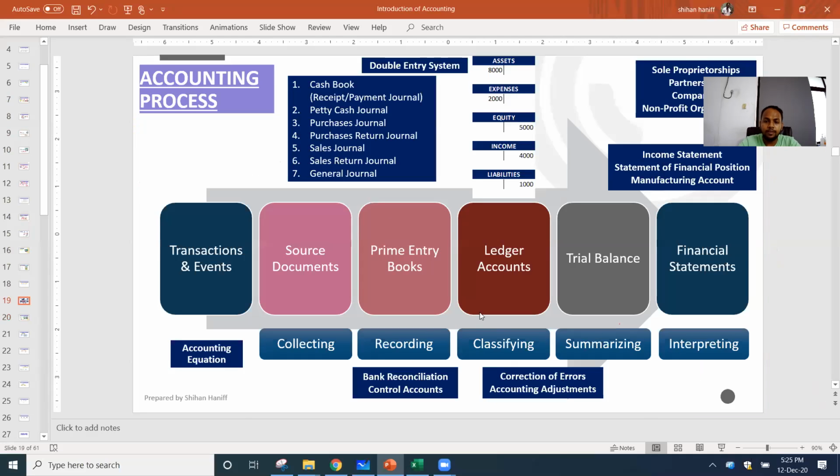This process starts with transactions and events. Already I discussed what is meant by a transaction and what is an event. So the first step in a business is collecting.